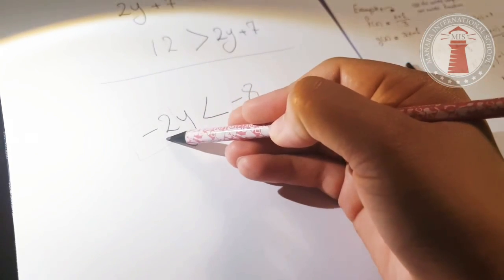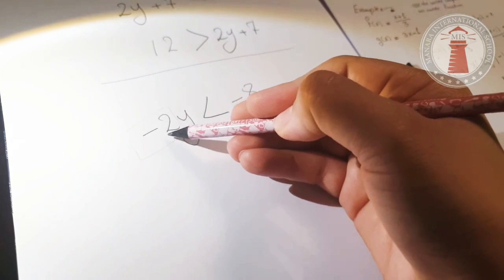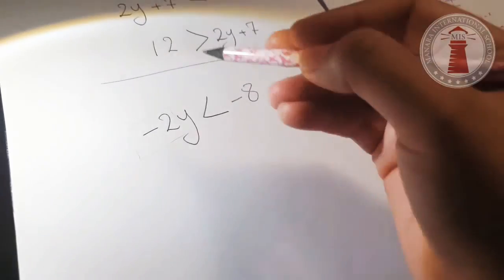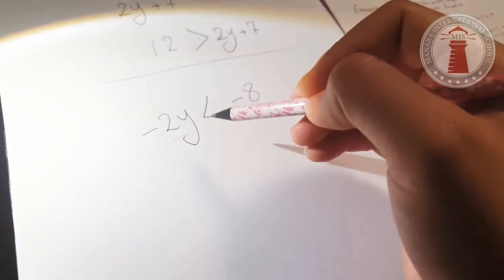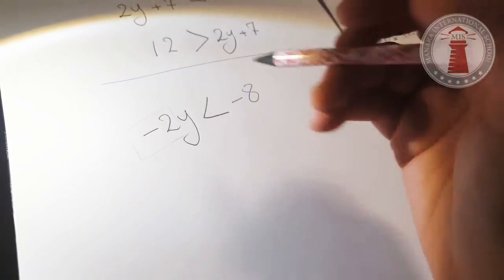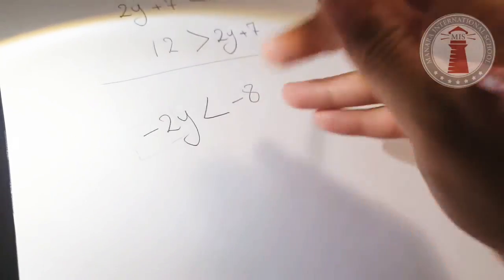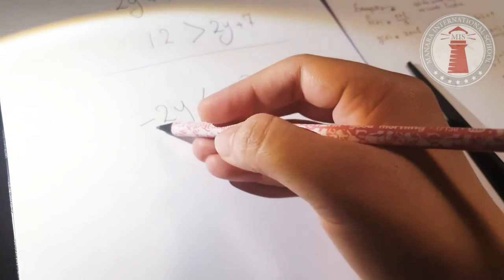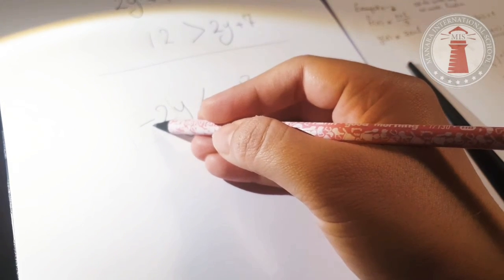As long as it's a negative number, that means we're going to divide by it. So we're going to divide or multiply this inequality by a negative number. Once we do this, we're going to flip the sign, or just change the direction of the inequality sign.